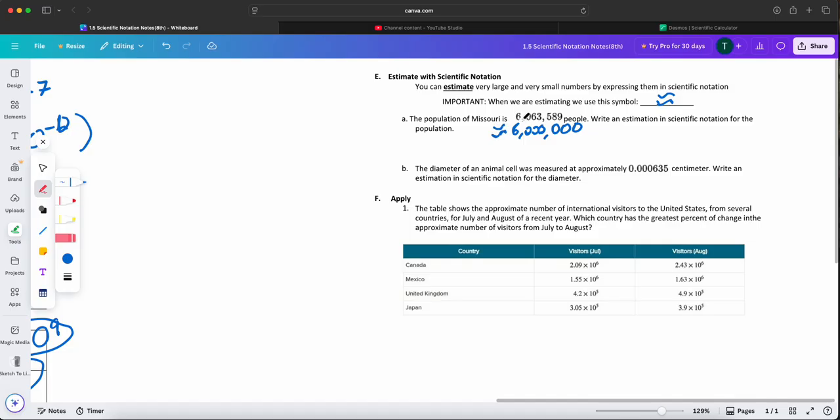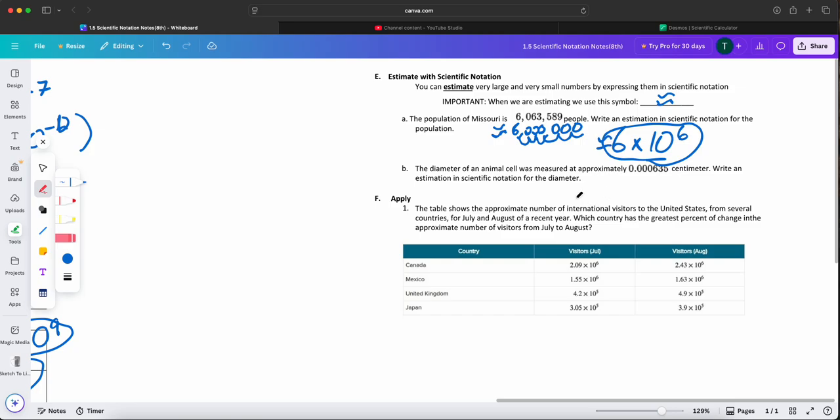Now they want us to write in scientific notation. So I would move that decimal until that number is between 1 and 9, so 6. So 6 times 10, and when we look at how far I moved it, a total of 6 times. So that would be that number in scientific notation, or at least the approximate of that number. So it's about that.